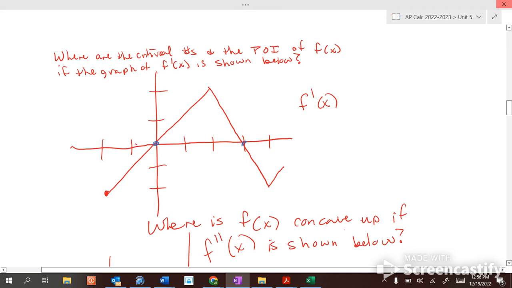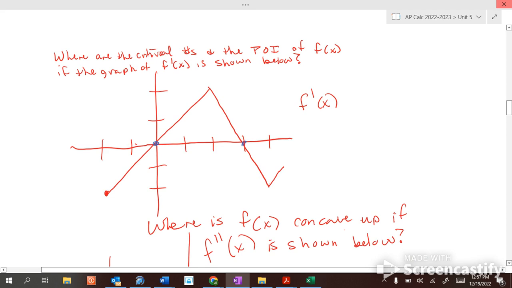If this is the first derivative of the function, where is a point of inflection? Where does it change concavity? Where are the points of inflection? Okay, so this is the first derivative graph.